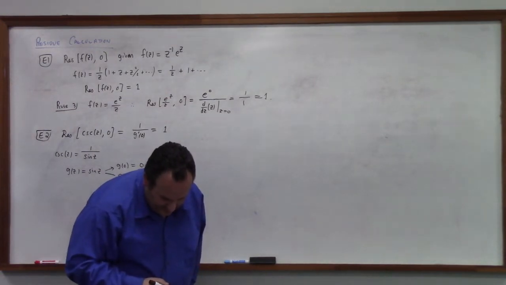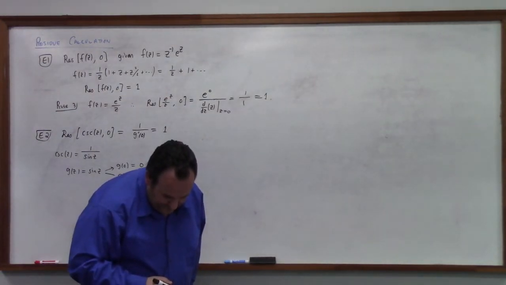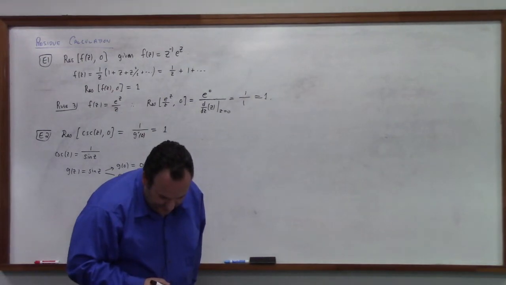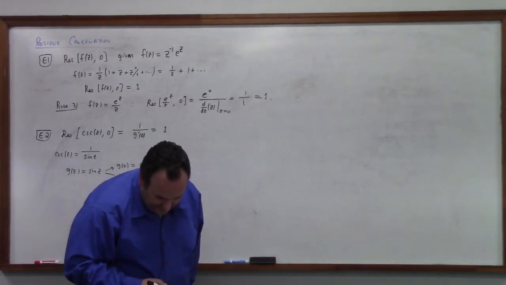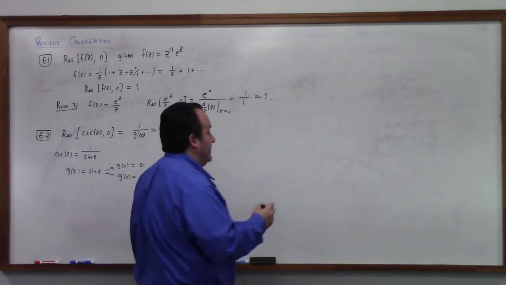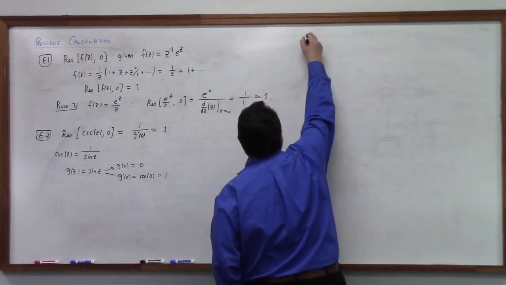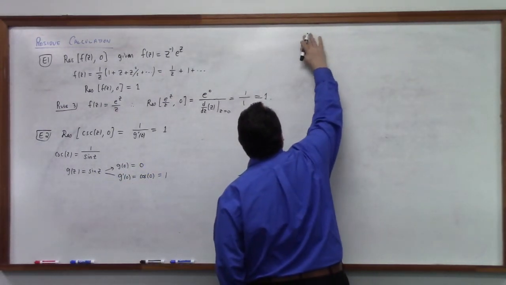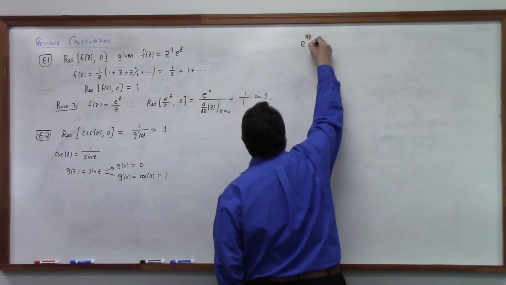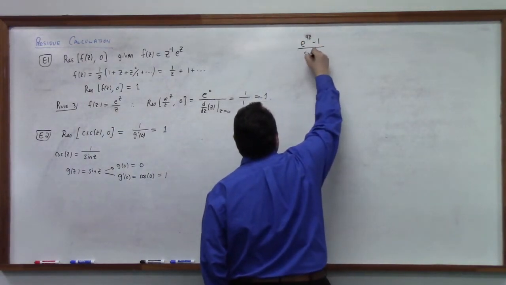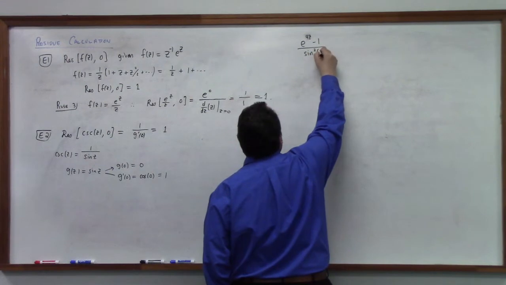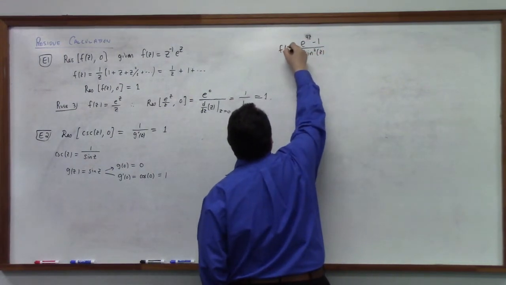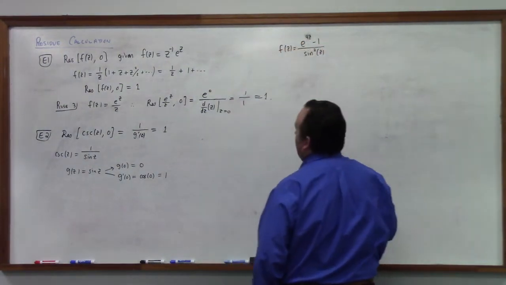Here, I don't know what to do with, let me try to find one that's a little bit more snazzy. e to the 4z minus 1 over sine squared of z. So again, we're calculating the residue at 0.